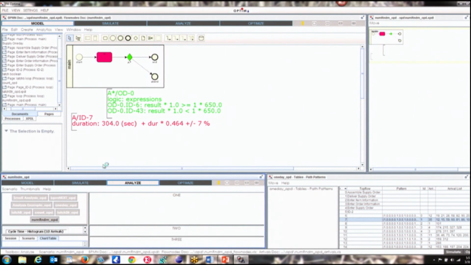looks like a very simple example, but the difference is there's one property called result, which is determining the branching logic, and there's another property called dur, which is determining how long a task takes. So in other words, the length of time that task executed was actually a function of the value of a property.